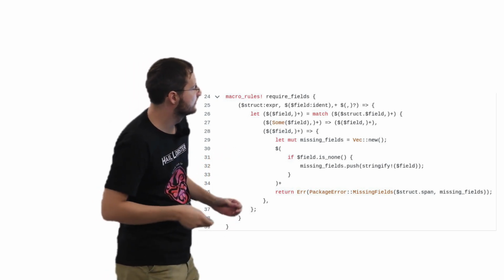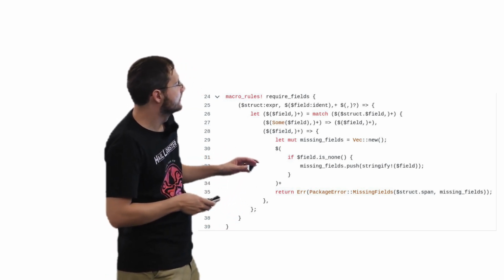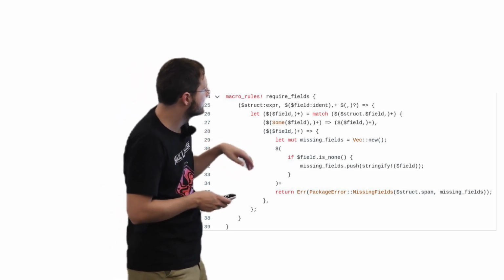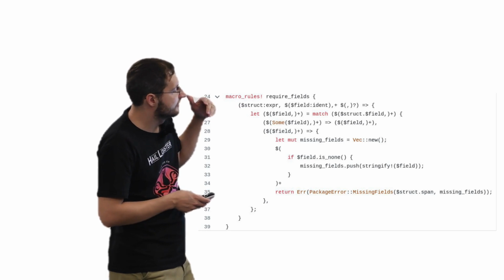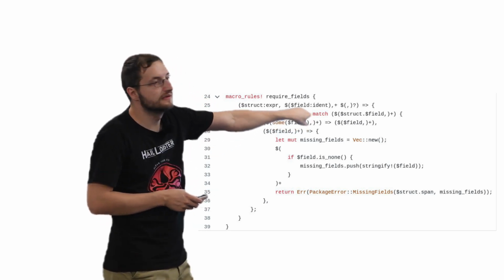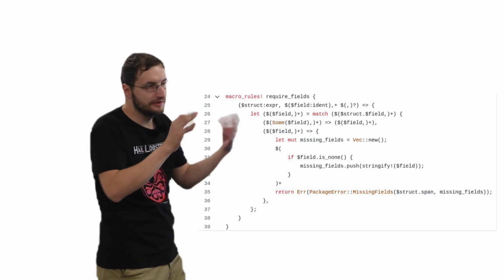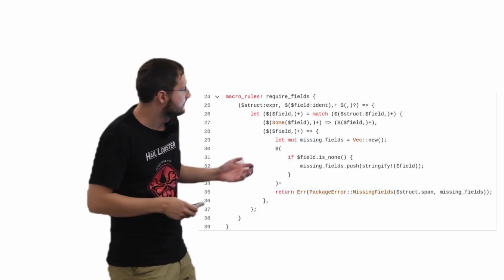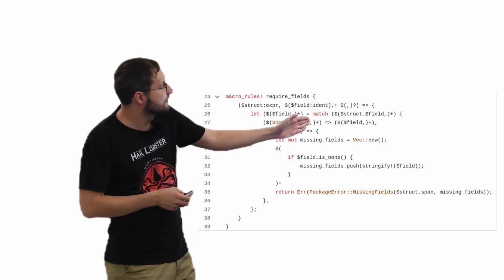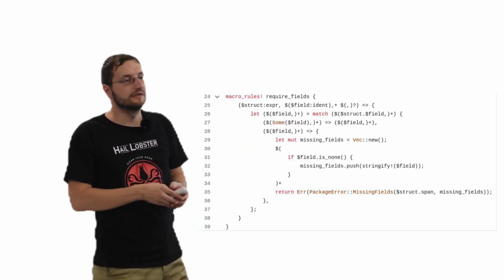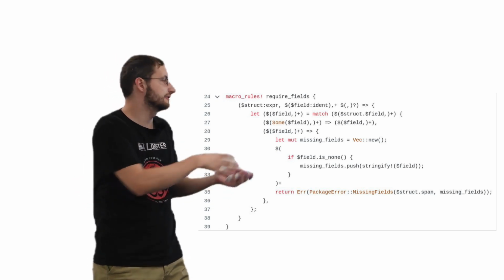You could also do something like, this is something I wanted to do but didn't have time yet, where you pass here even the vector of other errors that happened unrelated to this. So the idea is that you could pass some argument that contains the vec of errors that are not related to missing fields.